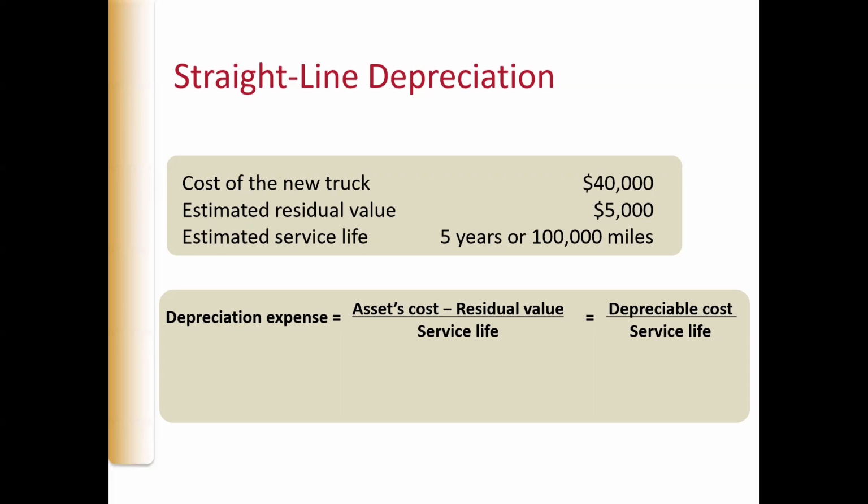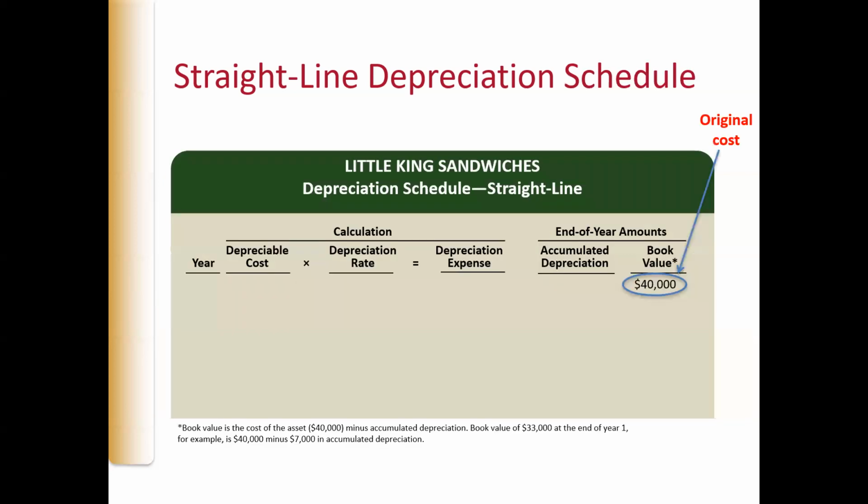So to depreciate using straight line, we take the cost of the truck minus the residual value we're estimating, and we come up with $35,000. Under straight line, if this truck is going to last us for 5 years, we take 35,000 divided by 5 years, and we get 7,000 each year.